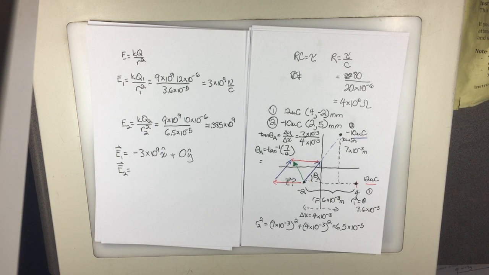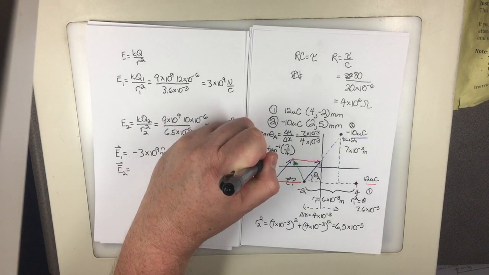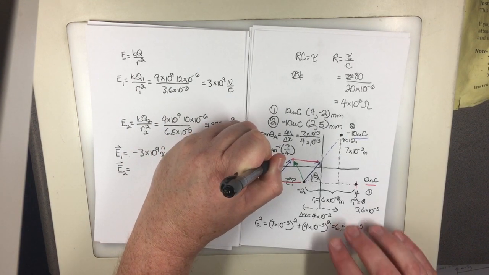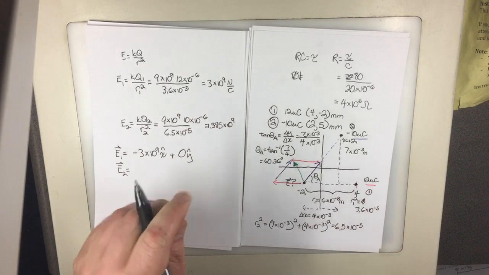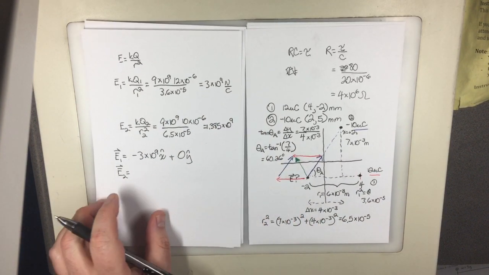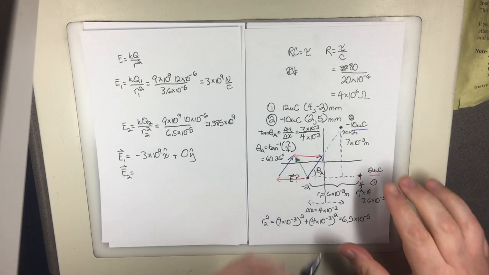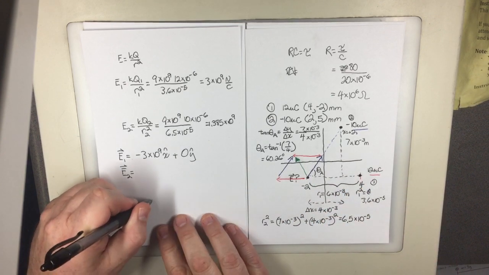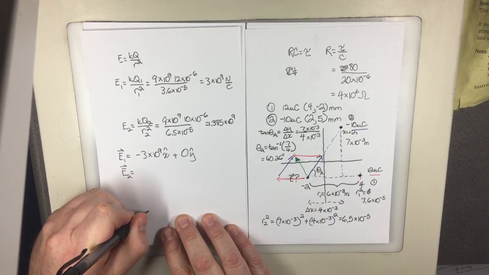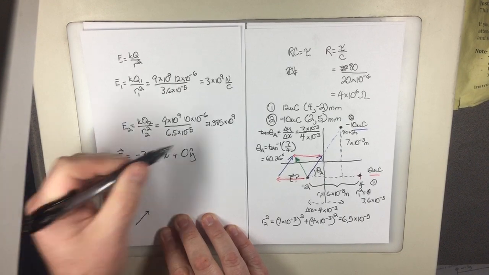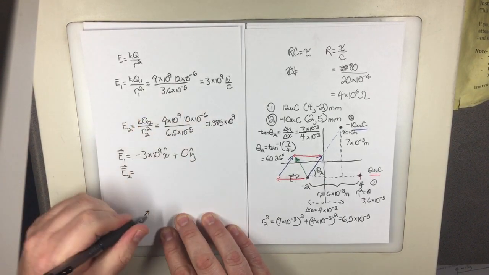So 60.26 degrees. So that's the angle. Now, this vector, I know its magnitude, it's 1.385 times 10 to the 9th.